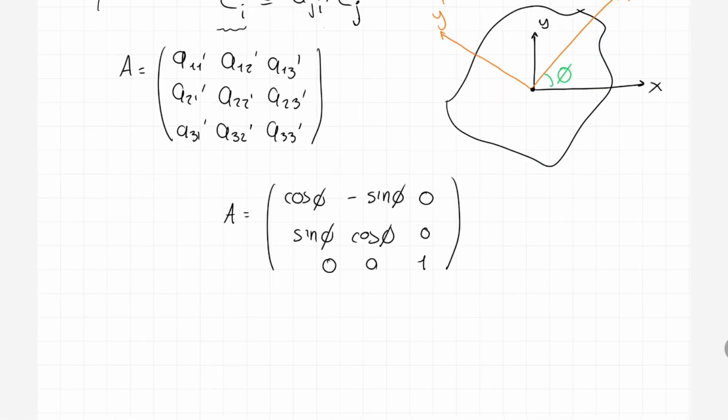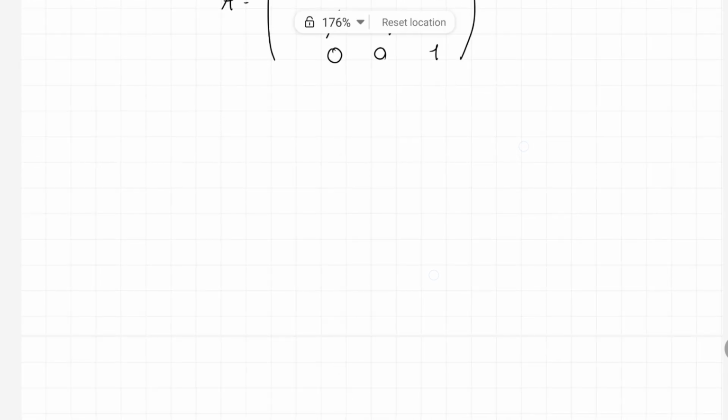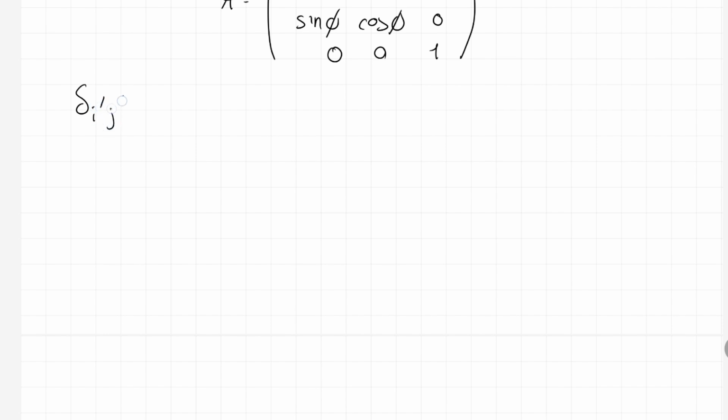Perfect. Right now we are going to show some relations that will be very useful to define the kinetic energy of the rigid body. Since the bases are orthonormal, we will have, for example, that the Kronecker delta i prime j prime is equal to e i prime dot e j prime.